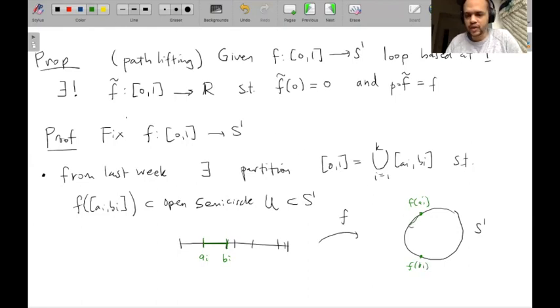And the path also stays inside some semicircle. So here, the semicircle might be something like this. That's U. Okay, that's supposed to be b_i, if you can read it.